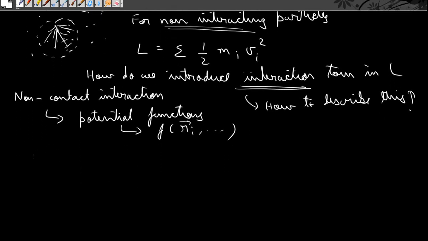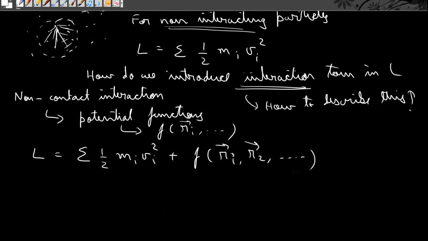So it makes sense to describe the Lagrangian. So we are going to guess the Lagrangian to have the form summation of half m_i v_i squared plus some function which is only dependent on the position, r_1, r_2, dot dot dot, r_i, where r_i is the general position.